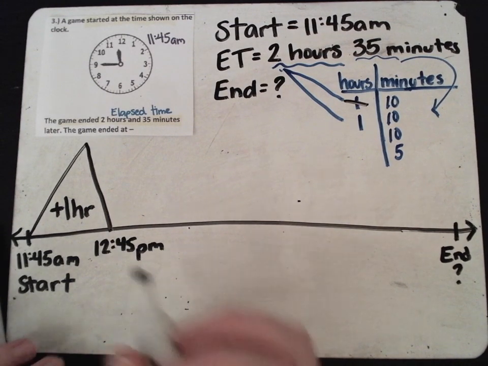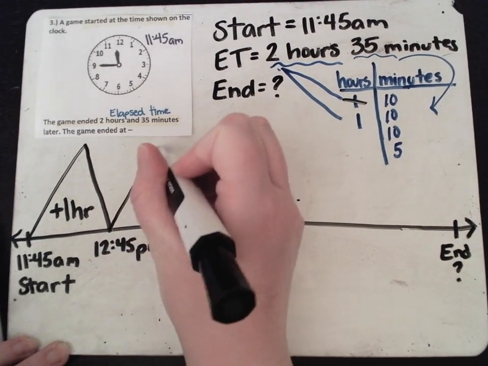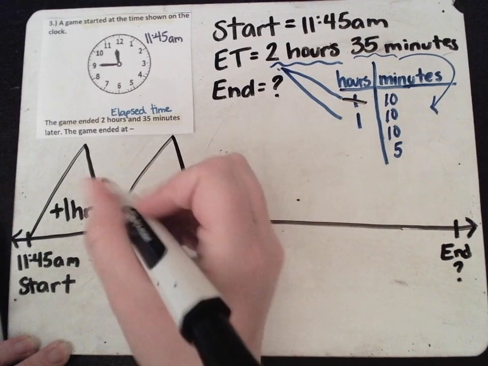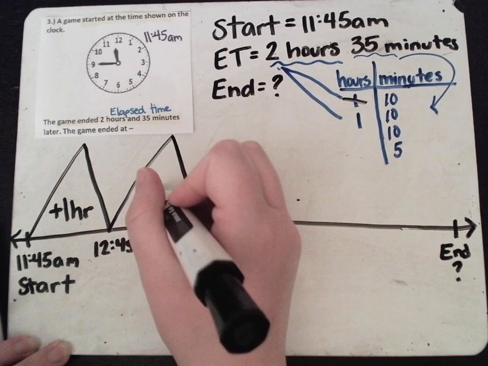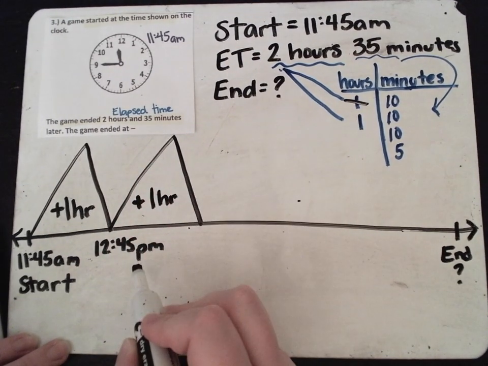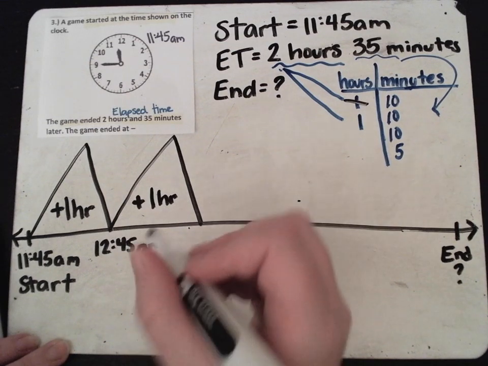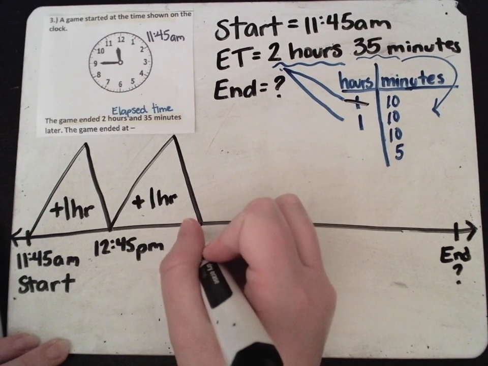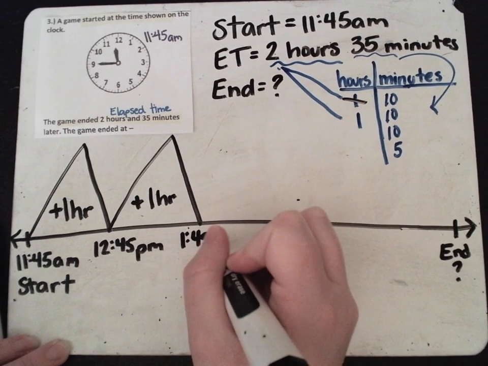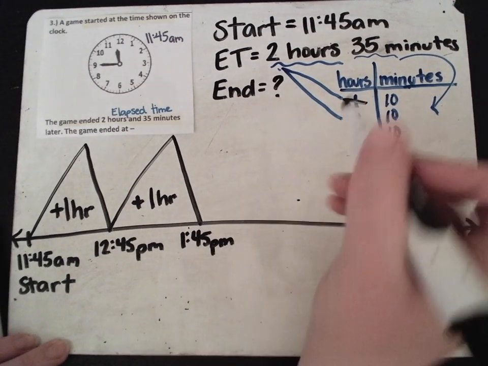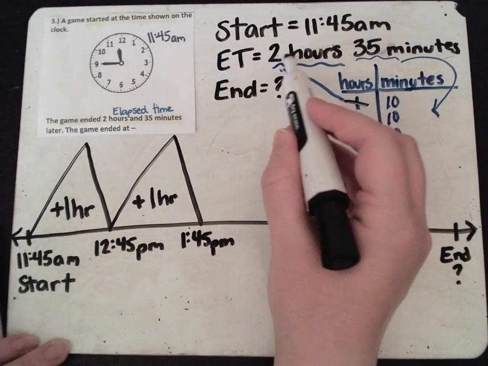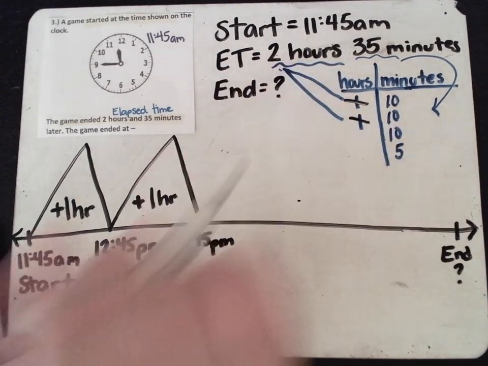Now I have another hour I need to add. So I draw another mountain and I write plus 1 hour. 12:45 p.m. plus 1 hour brings you to 1:45 p.m. And that takes care of my second hour. So my 2 hour part of this problem is done.